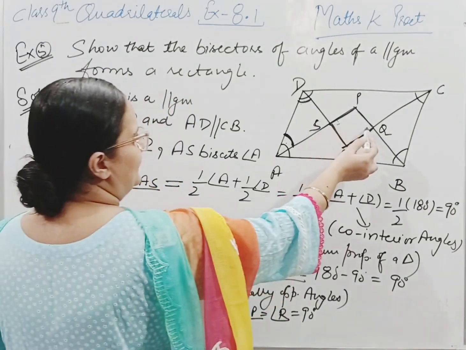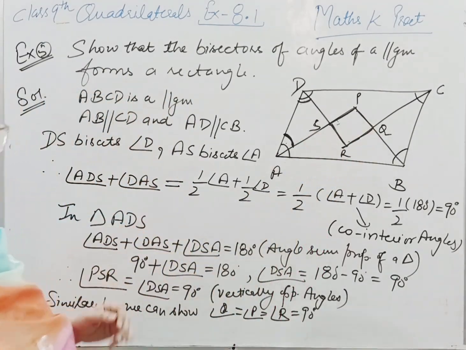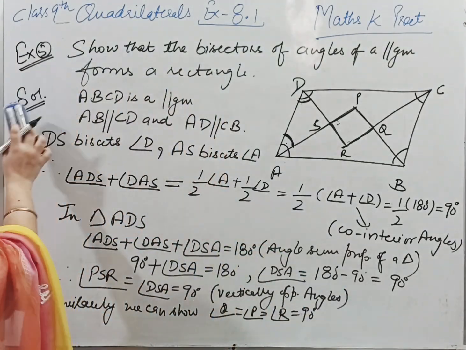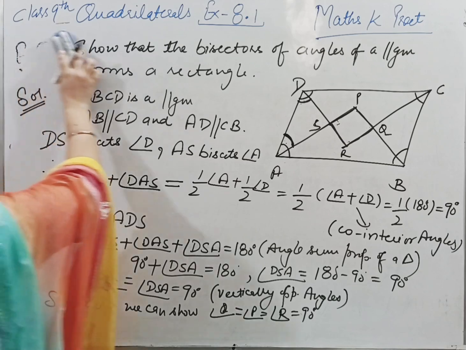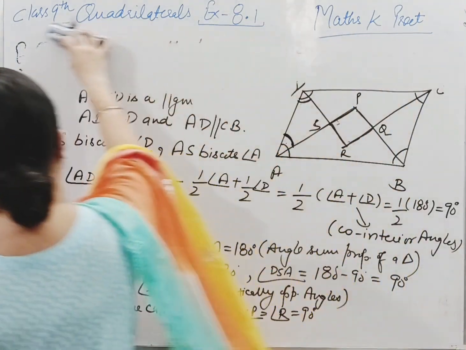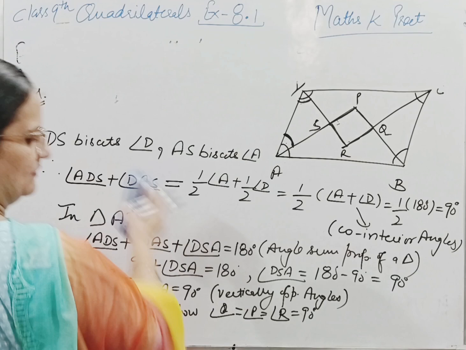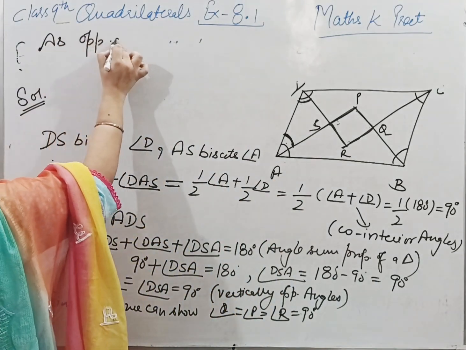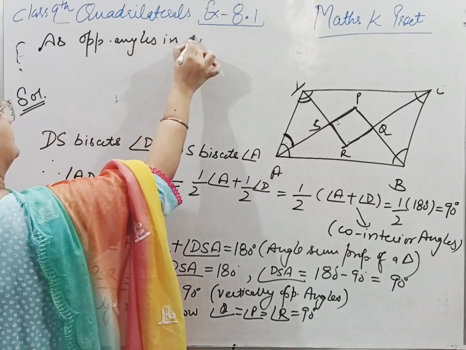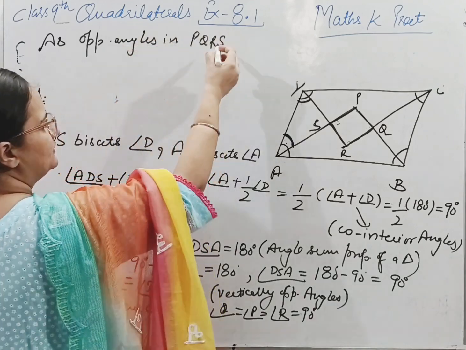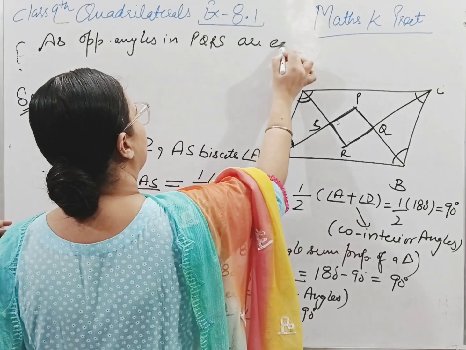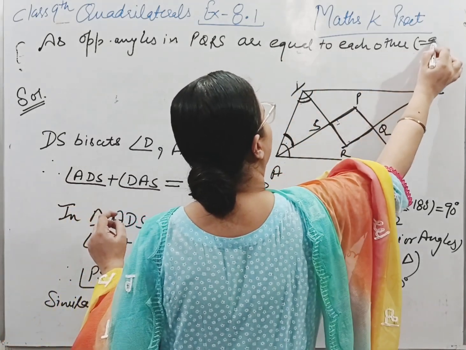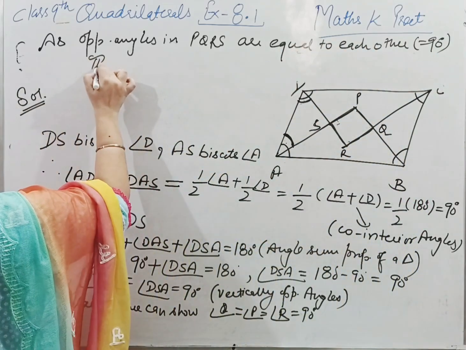Here these two angles are 90 degrees, these two angles are 90 degrees. So clearly opposite angles are equal to each other. Then it is a parallelogram. Let me erase the question. We will write: opposite angles in quadrilateral PQRS are obviously equal to each other, then it is a parallelogram.